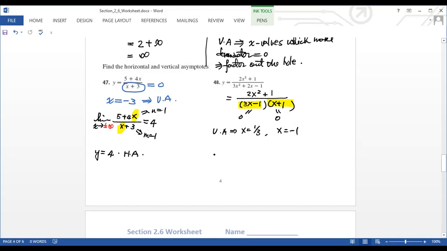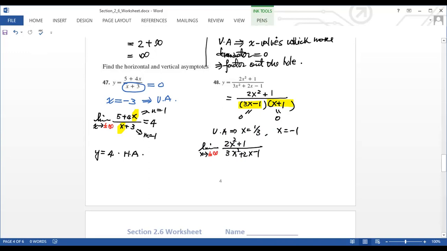Now let's take a look at the horizontal asymptote. As x approaches infinity, or you can say both plus and minus infinity, it's not going to make a difference in this problem. So this is 2x squared plus 1 over 3x squared plus 2x minus 1.